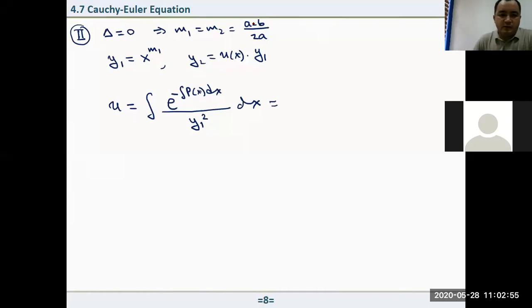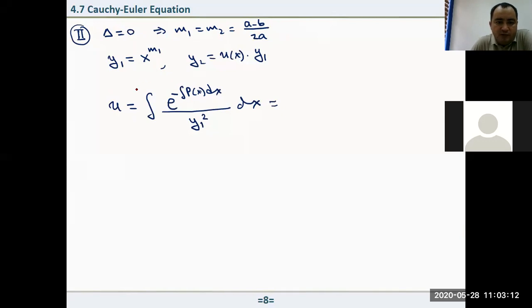Guys, we were considering the second case, when delta, the discriminant of the quadratic equation, is 0. So we have equal roots, that is m sub 1 equals m sub 2 equals negative b over 2a.